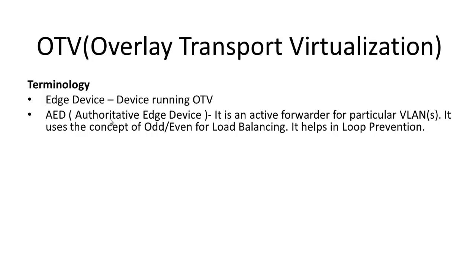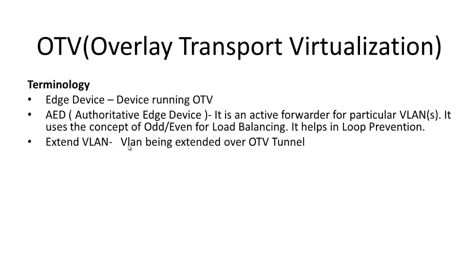Let's say only even VLANs are sending and receiving data. In that case you would say it is not a good load balancing mechanism. However, it is the way it is, and it helps in loop prevention as well, because one VLAN's traffic will only be sent by a particular AED, it cannot be sent by the other AED. This is the way it helps in loop prevention.